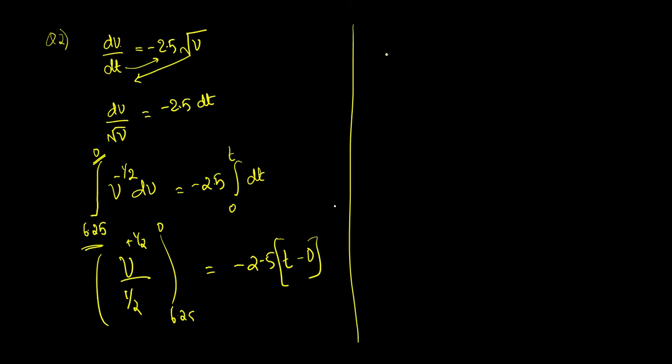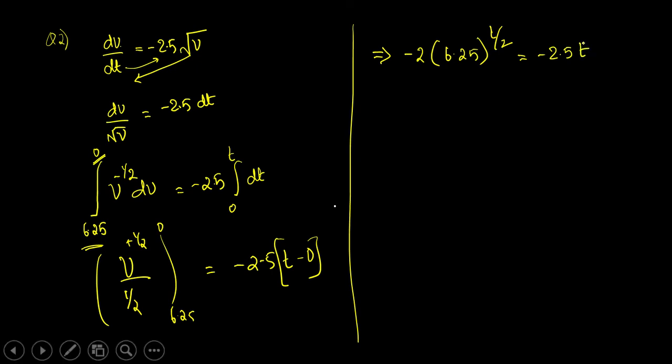So now listen, what we get is minus 2 times 6.25, the whole to the power of 1 by 2, is equal to minus 2.5t. You solve these equations and you will get t as 2 seconds. Clear?